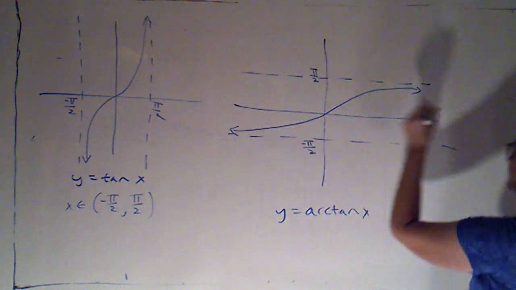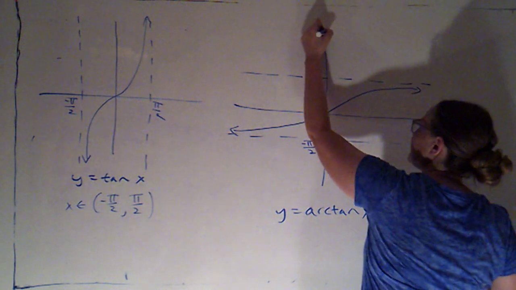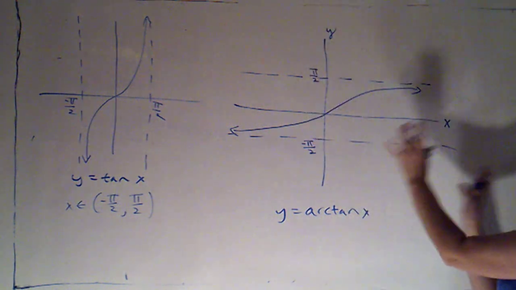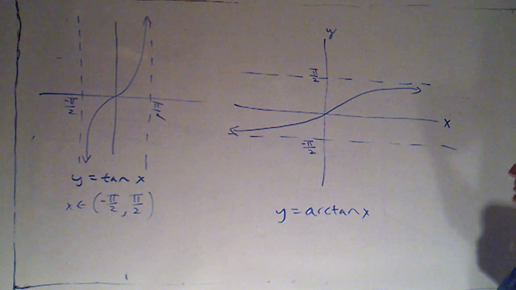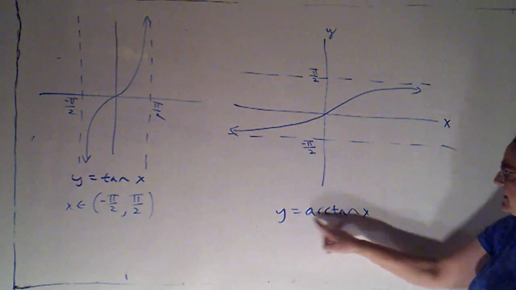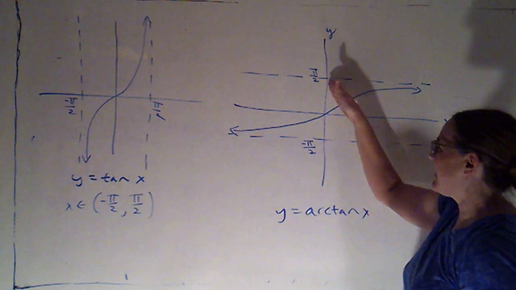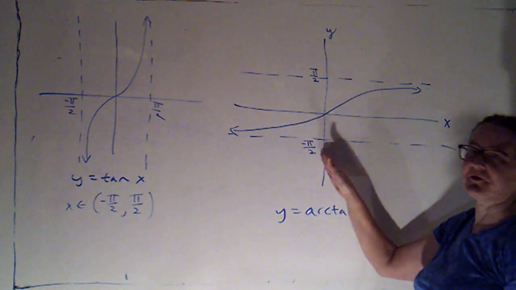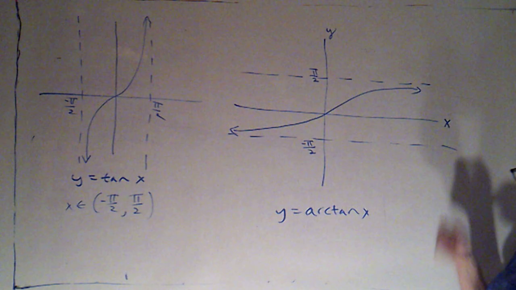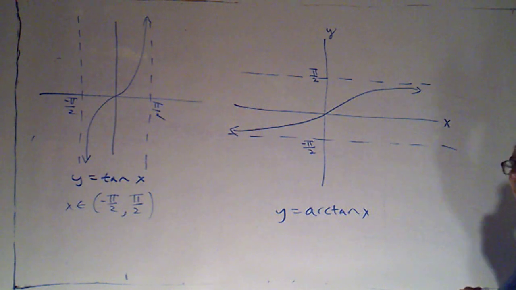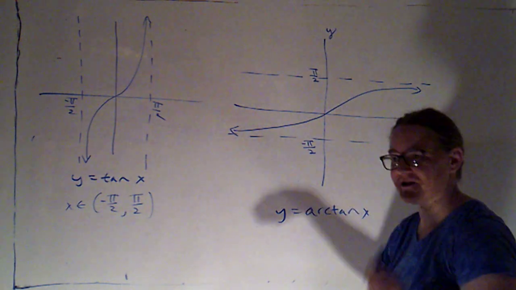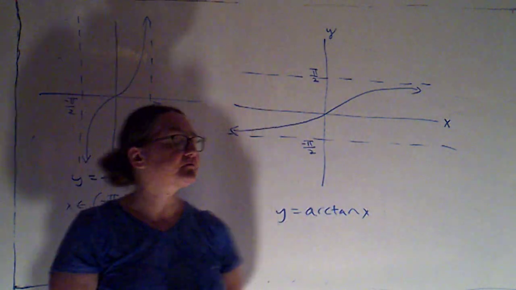The y-axis for that graph does become the x-axis for this graph. So if I label it for the inverse function, I can see that y is arctan, y is my angles. It's on the y-axis that I've got my pi over 2 and my negative pi over 2. Kind of neat, okay? And that's a nifty way of graphing inverse functions, just turning and flipping.